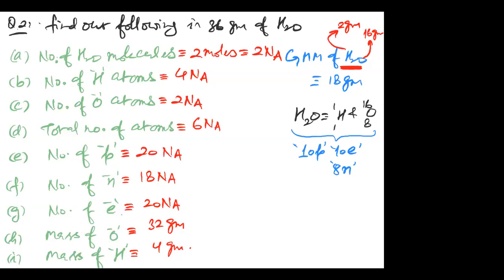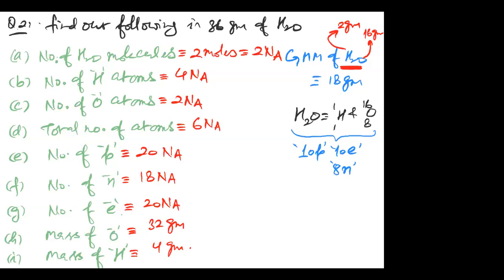In 36 gram of water, we have 2 moles of water, which is twice Na as far as the number of molecules is concerned. The number of hydrogen atoms comes out to be 4Na, twice the number of water molecules. The number of oxygen atoms is the same as the number of water molecules. For the total number of atoms, you need to add hydrogen atoms and oxygen atoms.